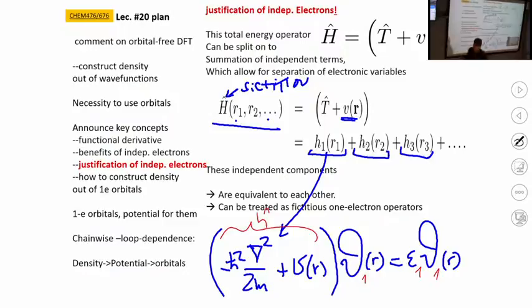Good, agree? So if our differential operator has contributions that correspond to each of the independent variables, and we can add them together as a summation, right? Then the wave function, or whatever unknown stuff, psi of R1, R2, can be represented as a product of theta 1 of R1, theta 2 of R2, and so forth.